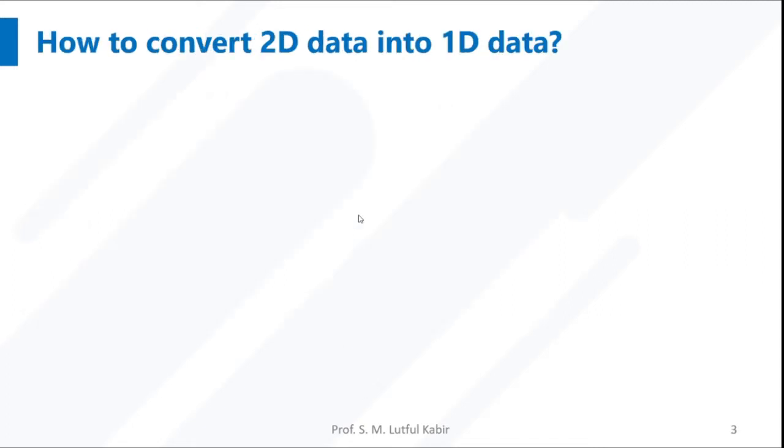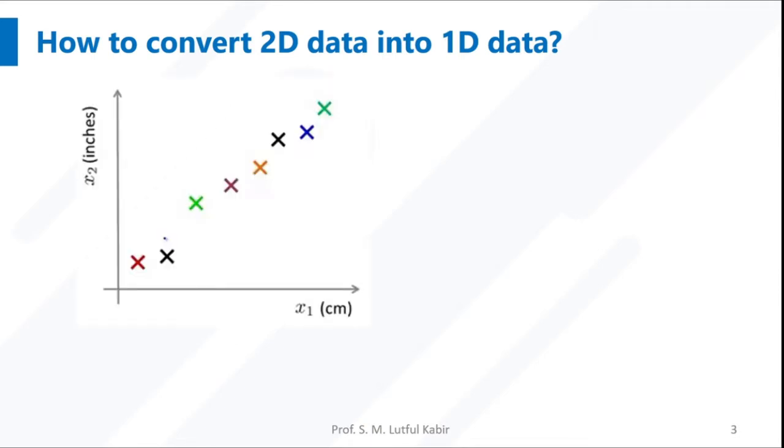So let us see how to convert two-dimensional data into single-dimensional, 1D data. Let us plot the same data set in colored form. In the colored form, you can see the same set of data, and if you plot a best line, that line represents a line very close to the data. In the previous case and in the present diagram, we can see x1 in centimeter and x2 in inches.